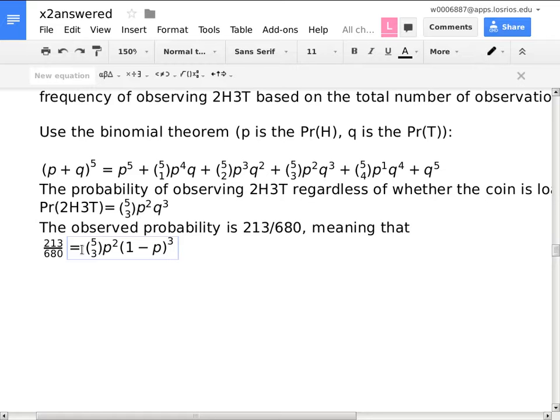Yep. From now you could turn your 5 Q's 3 times P squared times 1 minus P cubed. You can say in 680 observations, if the probability were 1/2, what is the probability that you'll get less than or equal to 213 observations?